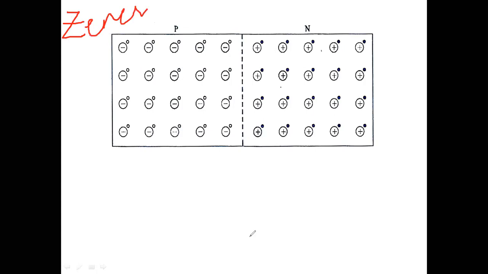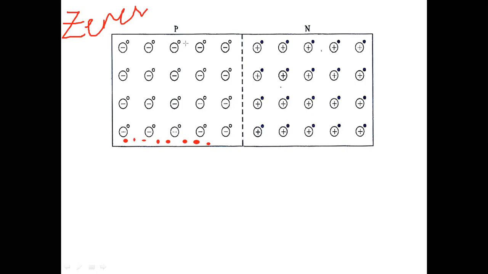Here the electrons are majority charge carriers on the n side, and electrons are minority charge carriers on the p side. Likewise, on the p side, holes are majority charge carriers.